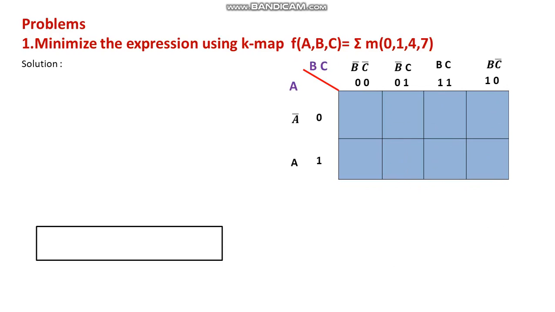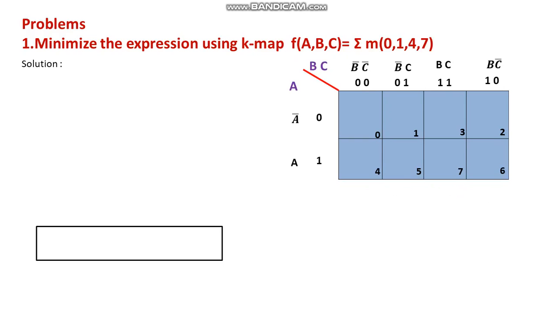Why I have written this is that it will be helpful while writing the simplified expression. Then we place the cell numbers here: 0, 1, 3, 2, 4, 5, 7, 6.